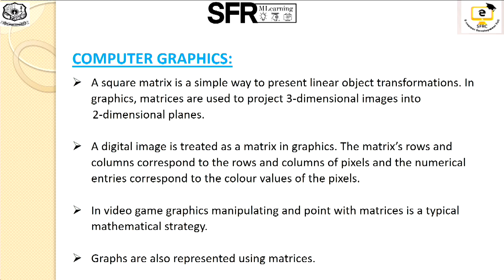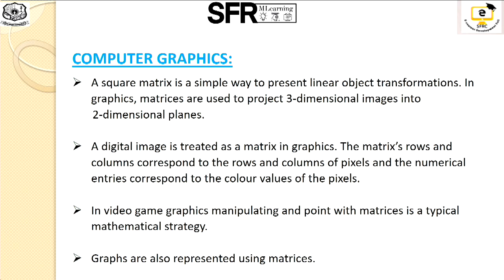A square matrix is a simple way to represent linear object transformations. In graphics, matrices are used to project 3-dimensional images onto 2-dimensional planes. A digital image can be treated as a matrix in graphics.